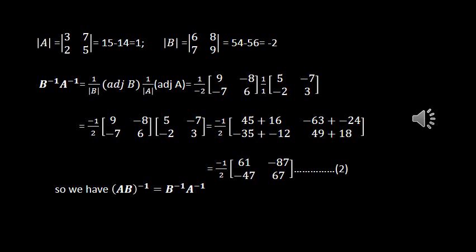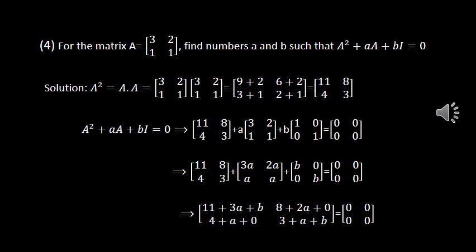You have negative half, matrix 61, negative 87, negative 47, 67. Now we proved that (AB) inverse is equal to B inverse A inverse. So remember, (AB) inverse is B inverse A inverse, not A inverse B inverse.